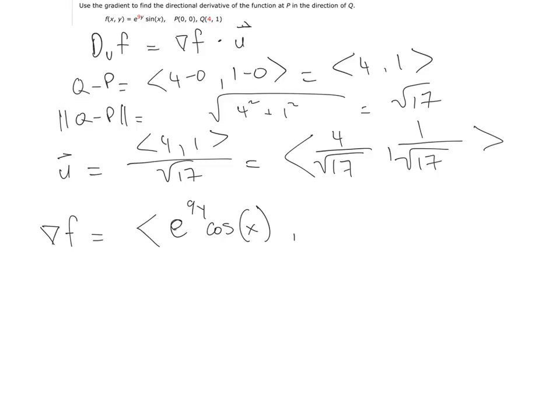Now, respect to y, you treat x as a constant. So you get 9 e to 9y sine of x.